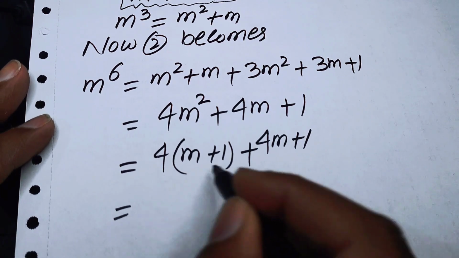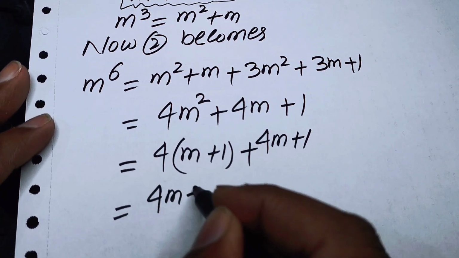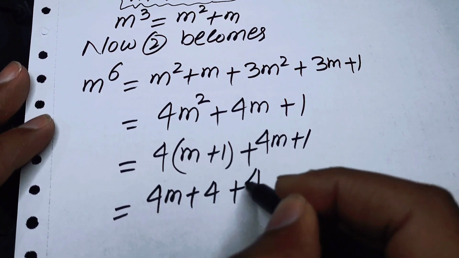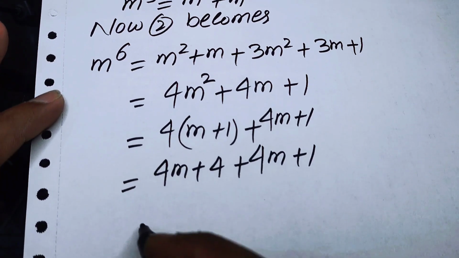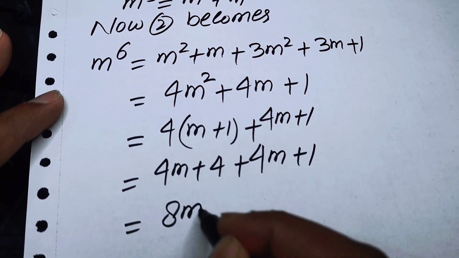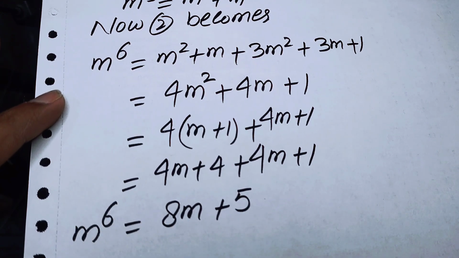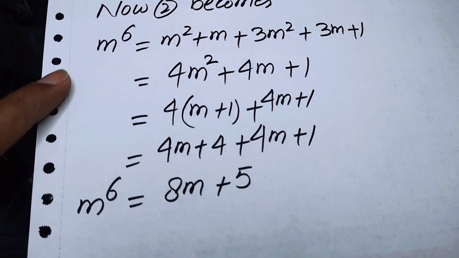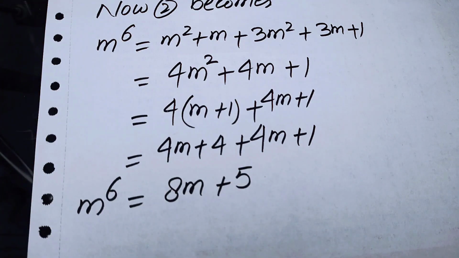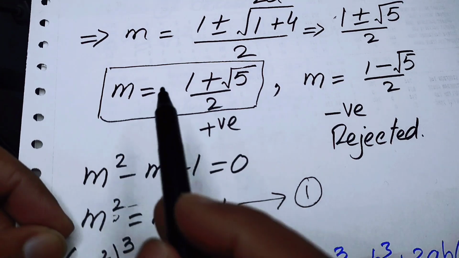Now we can multiply this 4 on each term, and we get 4m plus 4 plus 4m plus 1, and we get 8m plus 5. This is m to the power of 6.